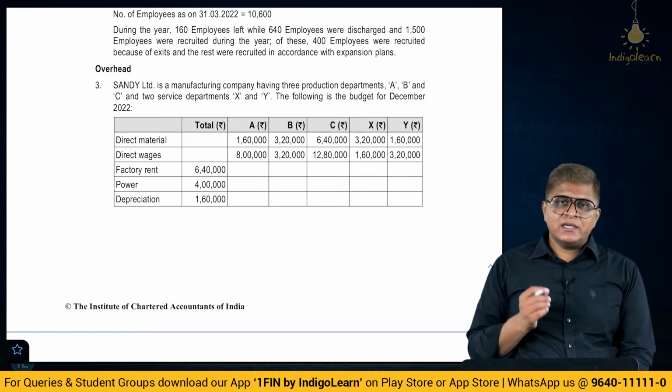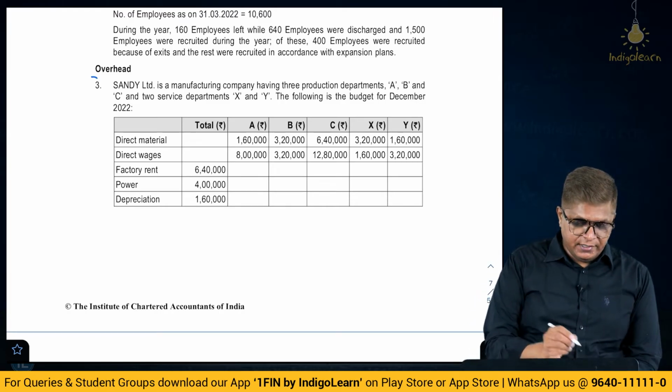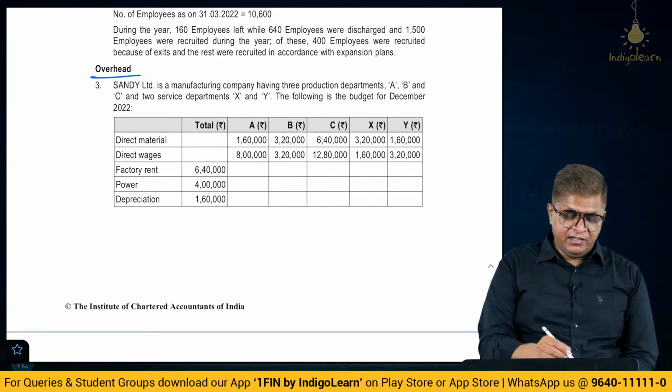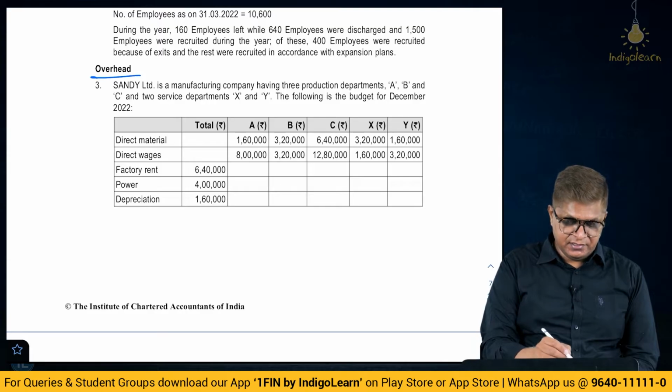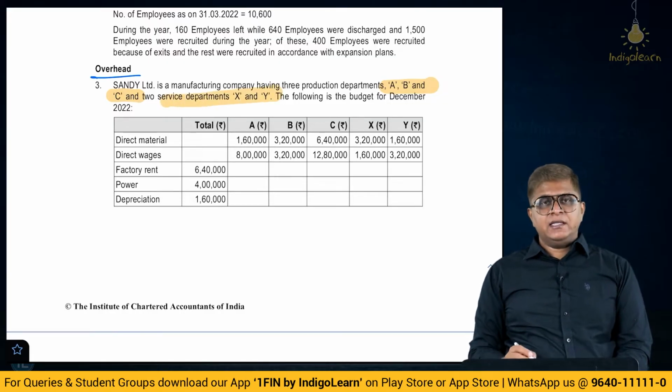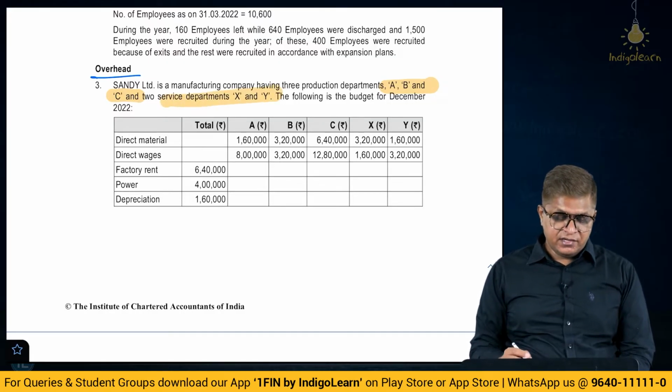Now the third question is from the topics of overheads. Sandy Limited is a manufacturing company having 3 production departments A, B and C and 2 service departments X and Y. The following is the budget for December 2022.